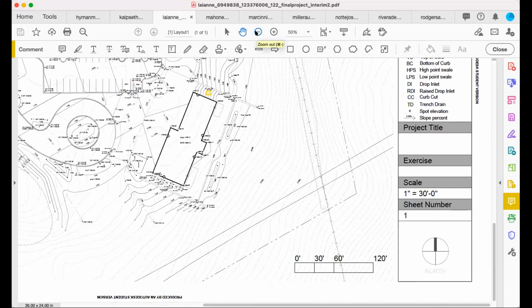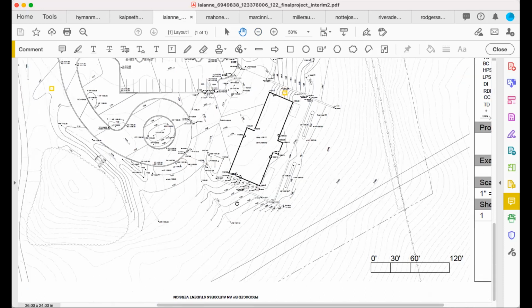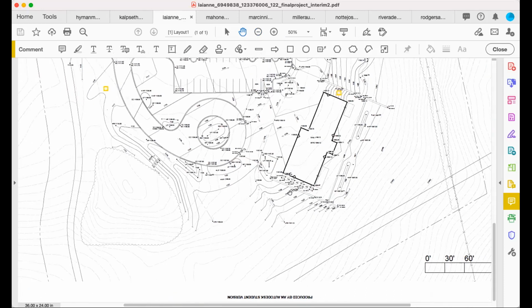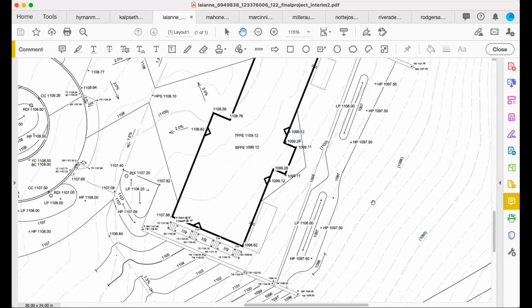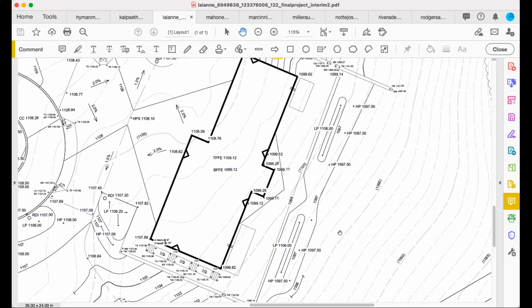Anything else that you would like to talk about? I also regraded the back plaza. Could you please take a look at that to see if it's okay? So you have 99 going down, 99. I think here you are a little too steep.